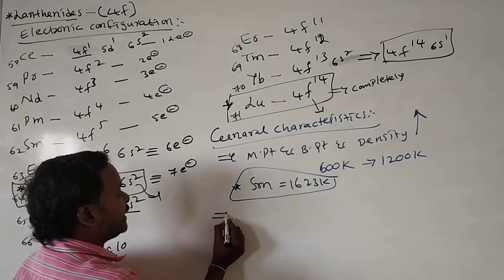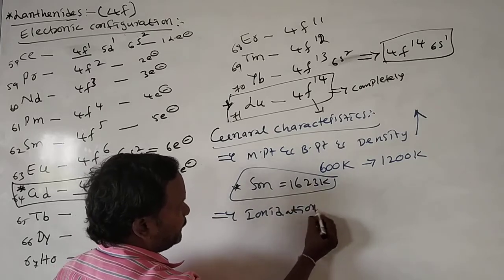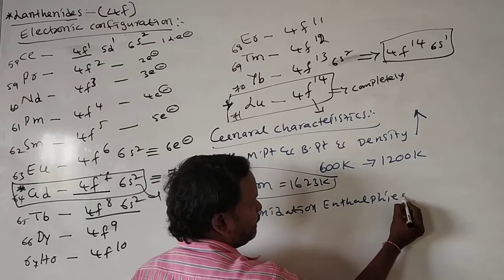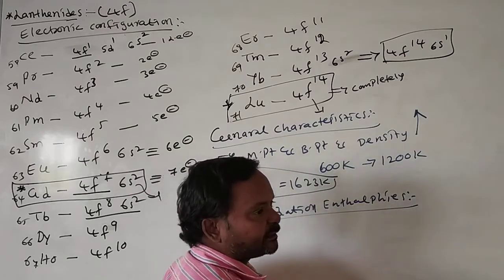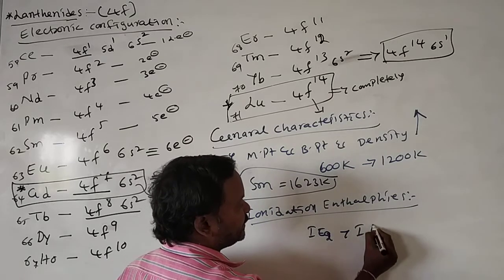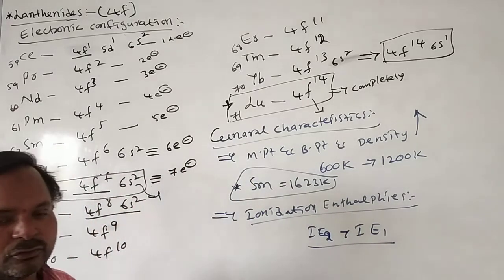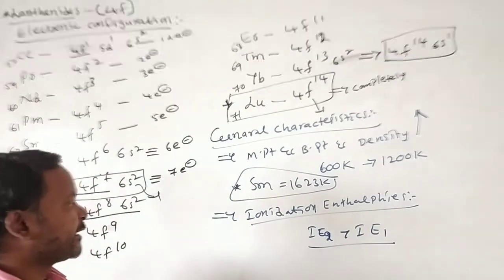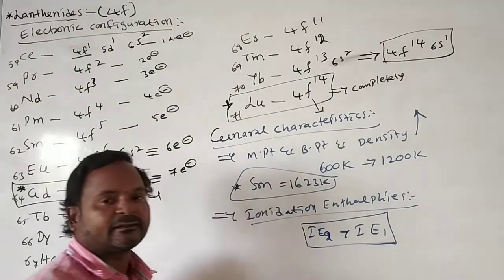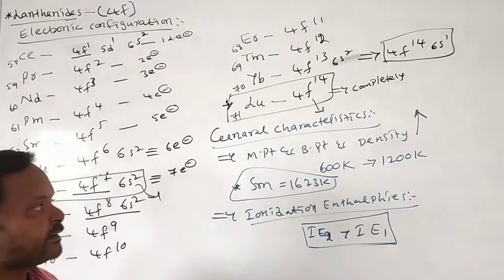And when we see the ionization enthalpies, second ionization enthalpies are more than the first ionization enthalpies due to poor shielding of the electrons. The second ionization enthalpy of all the lanthanides is at most double the first ionization enthalpy.